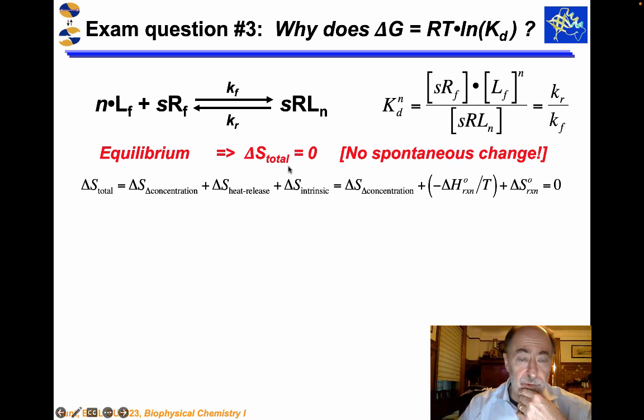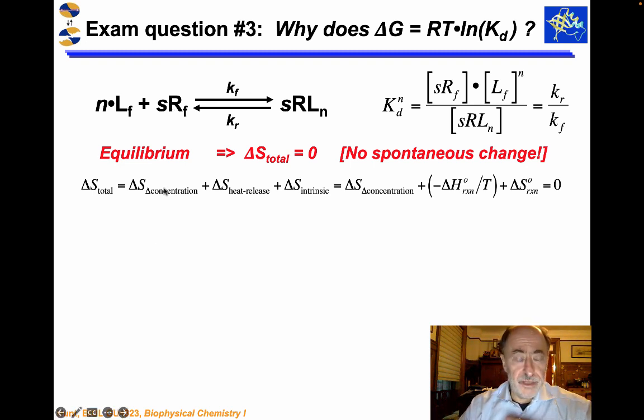So to figure out that point, we previously looked at the kinetic condition for equilibrium. Now we're going to look at the thermodynamic condition for equilibrium, which is that the total entropy change as this reaction cycles forward once or backwards once has got to be 0.